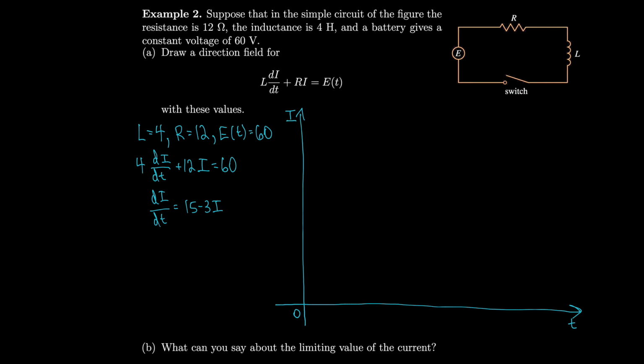I'll mark 0, 1, 2, and 3 on one axis, and 2, 4, and 6 on the other. At i equals 5, the slope is a constant 0, because plugging in 5 gives di/dt equals 0, so I'll draw a whole bunch of little line segments with slope 0.